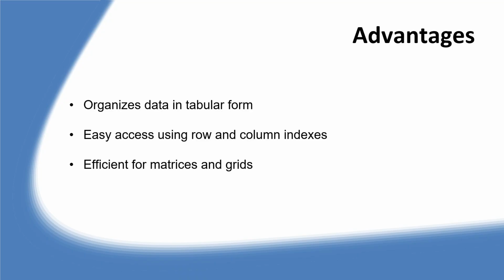So two-dimensional arrays help organize data efficiently in rows and columns. They are commonly used for matrices, game boards, sitting arrangements, and mostly tabular data. So these are the advantages.